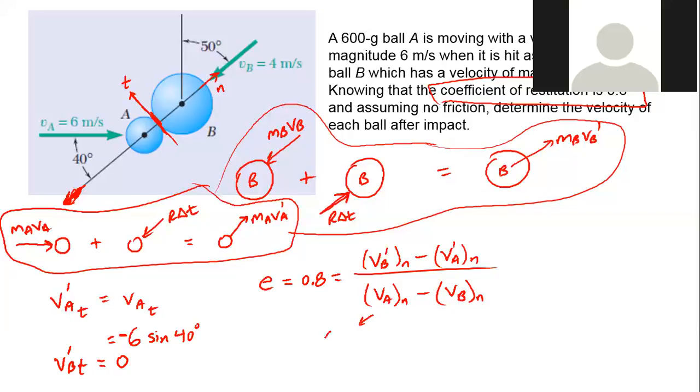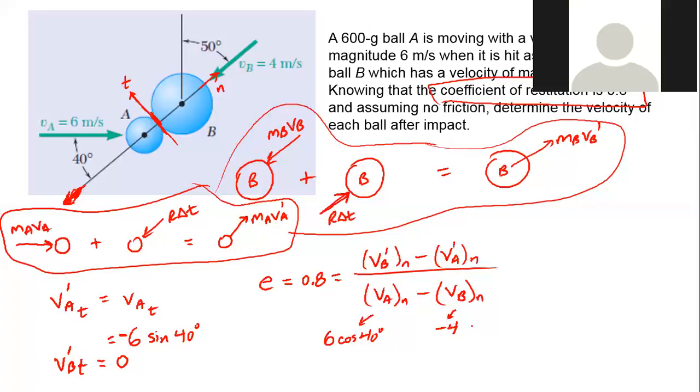That's going to be negative 6 cosine of 40 degrees. Is everybody okay with that? And then how about the VBN? That would be negative 4 meters per second.